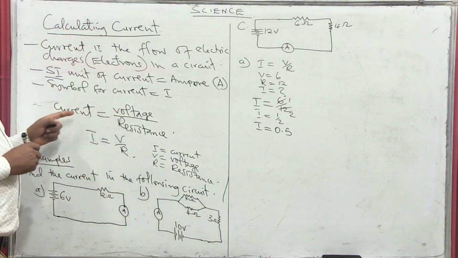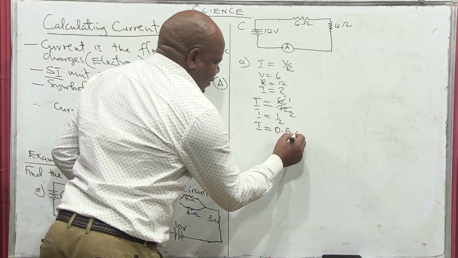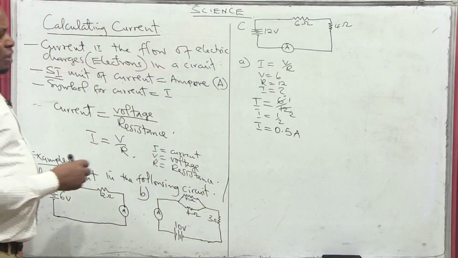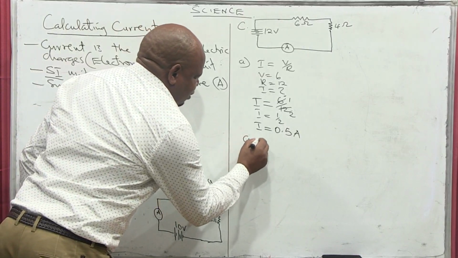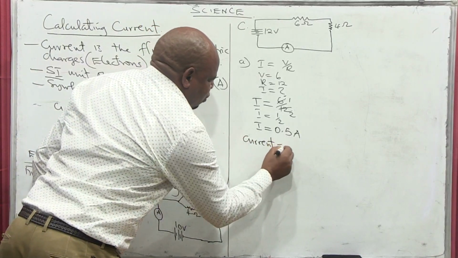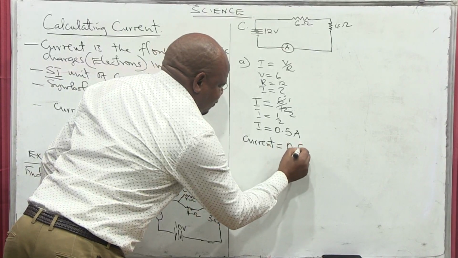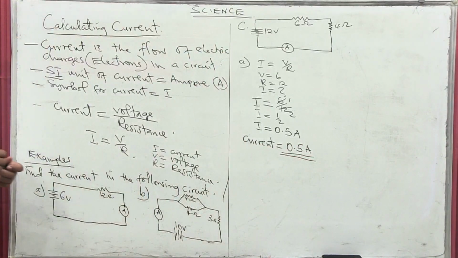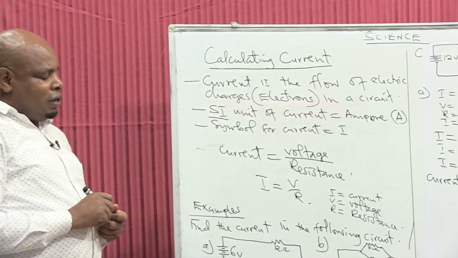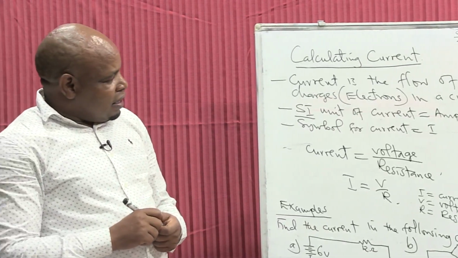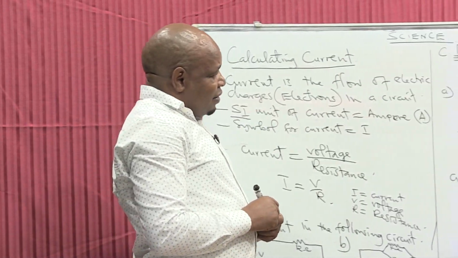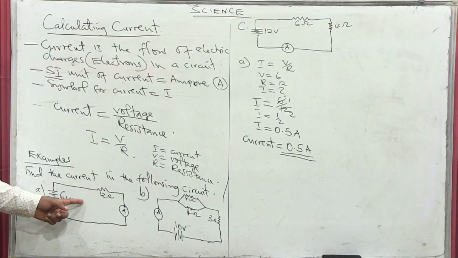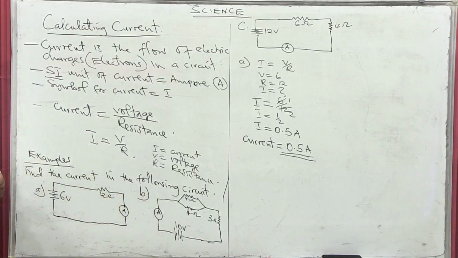The units for current is A. So from our first figure, the value of current is equal to 0.5 amperes. This is the answer for our first figure. Second figure.